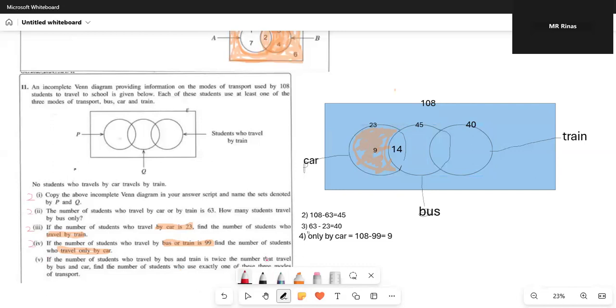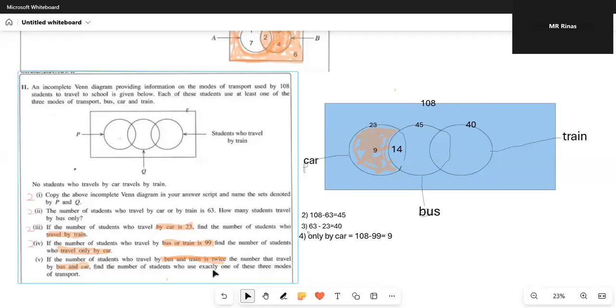If the number of students who travel by bus and train is twice the number that travel by bus or car, find the number of students who travel exactly one of these three modes of transport.